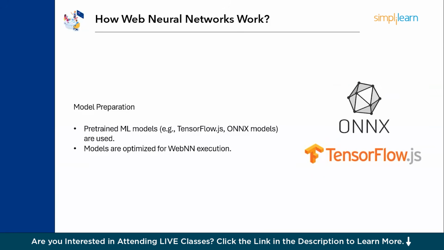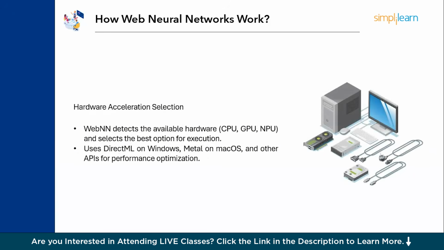Pre-trained machine learning models, for example TensorFlow.js and ONNX models, are used, and models are optimized for web neural network execution. Next is hardware acceleration selection. Web neural networks detect the available hardware, the CPU, the GPU, the NPU, and select the best option for execution. It also uses DirectML on Windows, Metal on macOS, and other APIs for performance optimization.